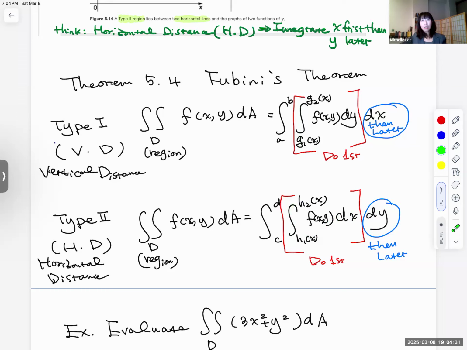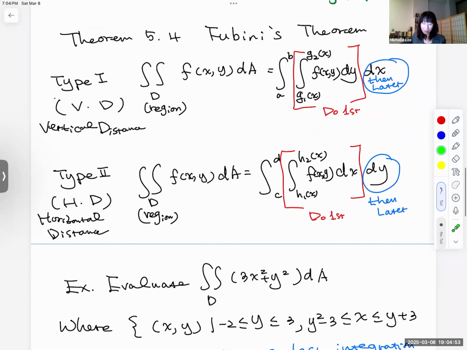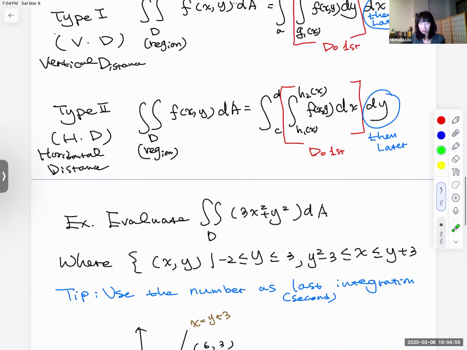So here we denote the type 1 method as vertical distance, and the type 2 method as horizontal distance. Sorry, I confused it with the statistics terminology.